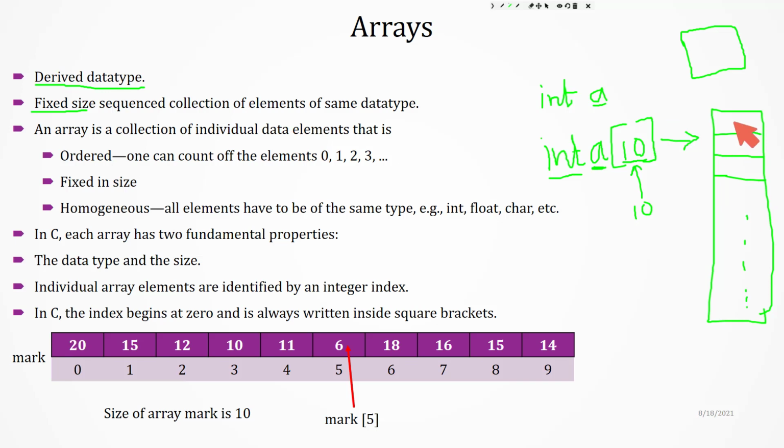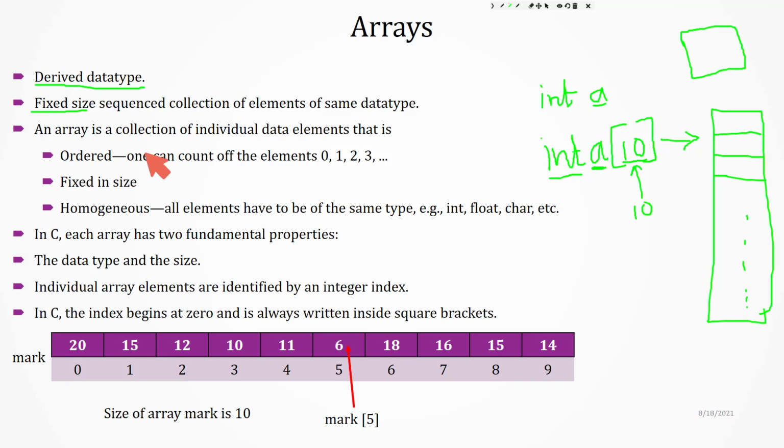And every cell is of the same data type. So if we declare it like this, we can only store integers in every cell. We can't store an integer in one cell, a character in the next cell, and a floating point number in another. In every cell I can store only the same data type.